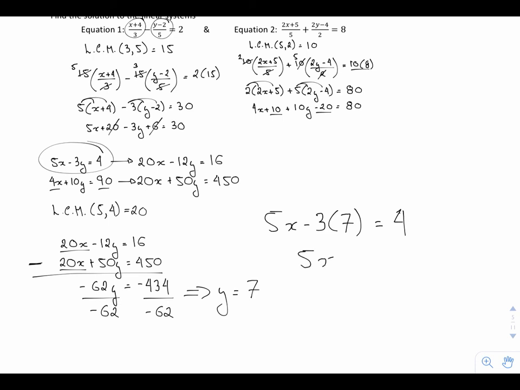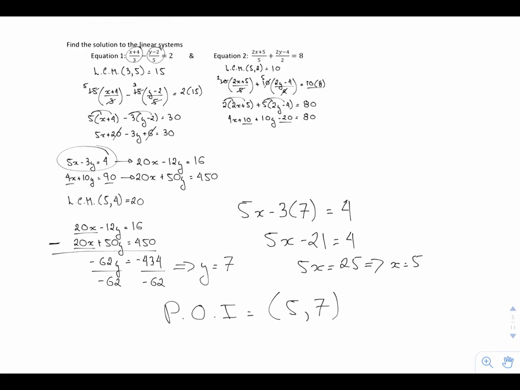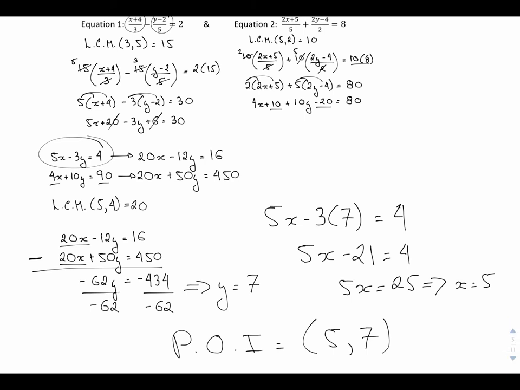So that's 5x minus 21 equals 4. That's 5x is equal to 25, which means that x is equal to 5. So our point of intersection is (5, 7).